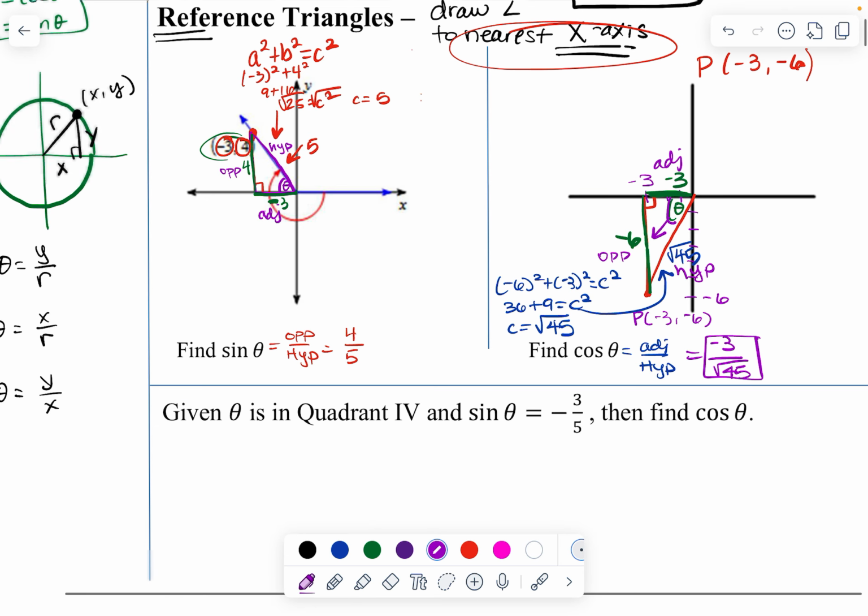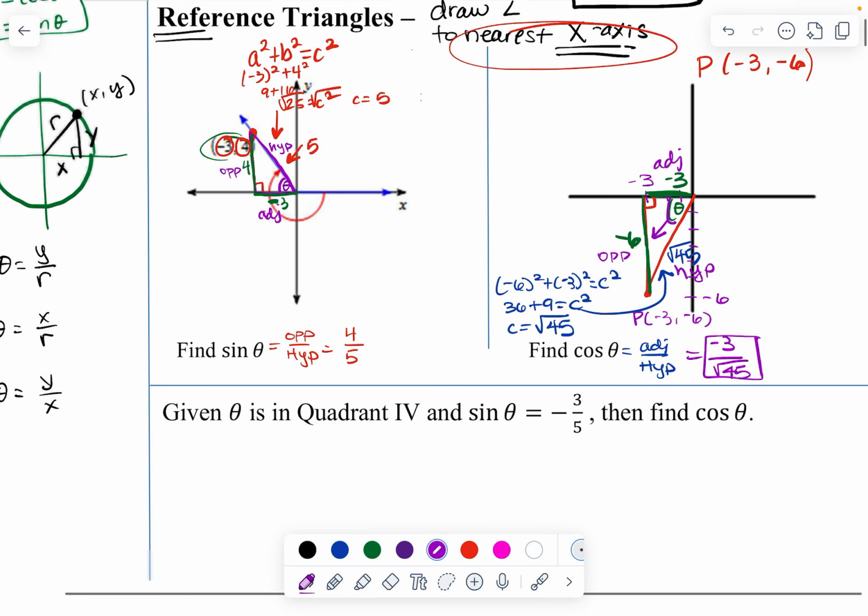So as soon as I know cosine, I can immediately know its reciprocal function secant just by flipping it, and vice versa. And then the last one here, tangent is the opposite over the adjacent side. So cotangent, its reciprocal, is adjacent over the opposite, okay?